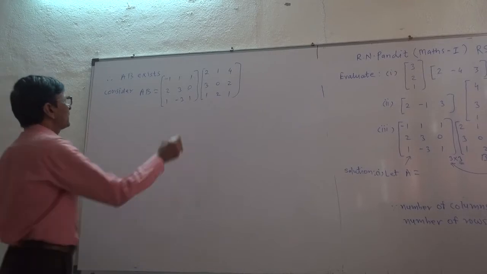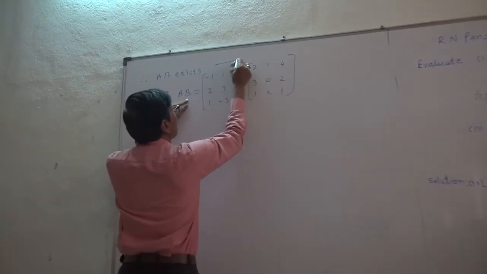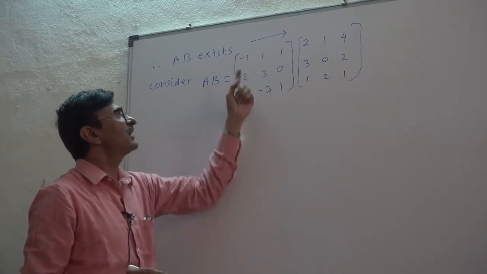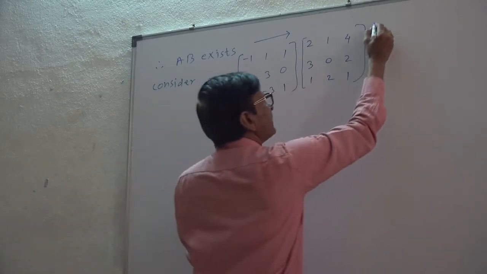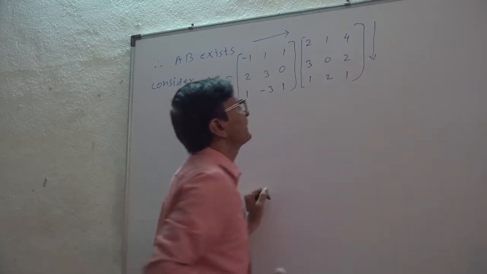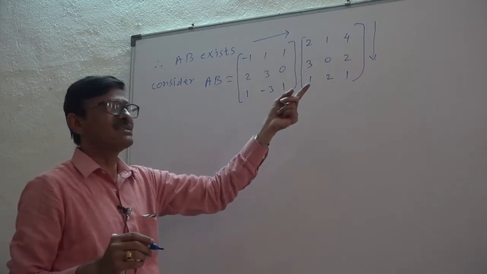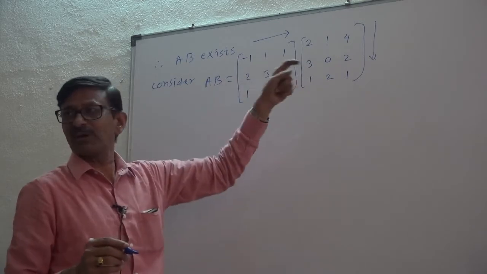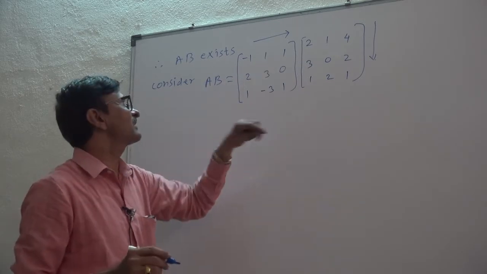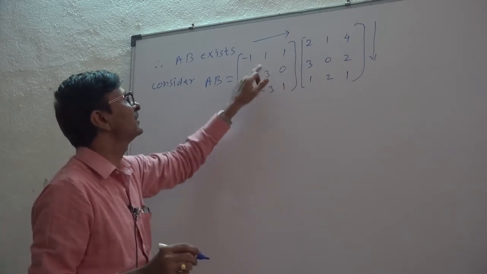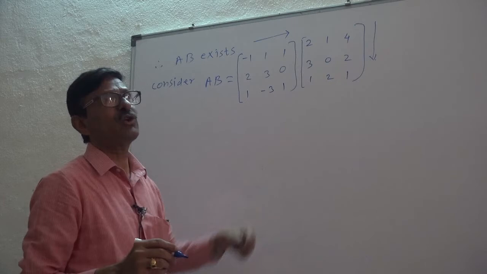Using the same procedure, elements of prefactor, that is A, are considered row wise, and that of post factor, that is the elements of B, are considered column wise. Then taking product of corresponding elements and their sum. We observe that there are 3 elements in each row and there are 3 elements in each column.